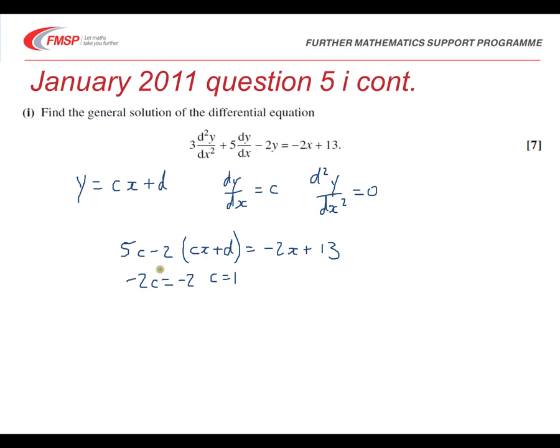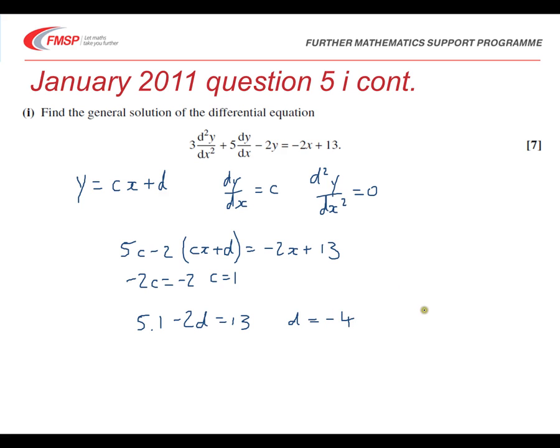Substituting in c equals 1, looking at the constant terms, I've got 5c, 5 times 1, minus 2d, equals 13, and that gives me d equals negative 4. 5 minus 2 times minus 4, 5 plus 8 is 13.